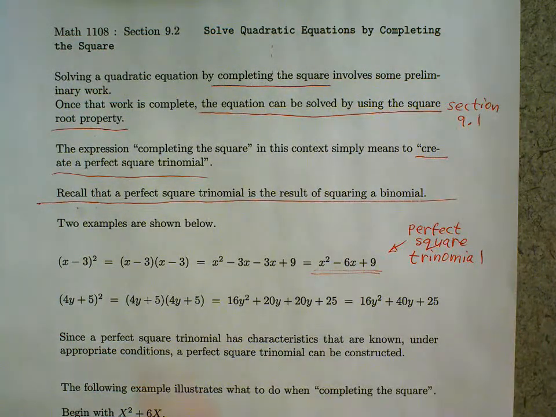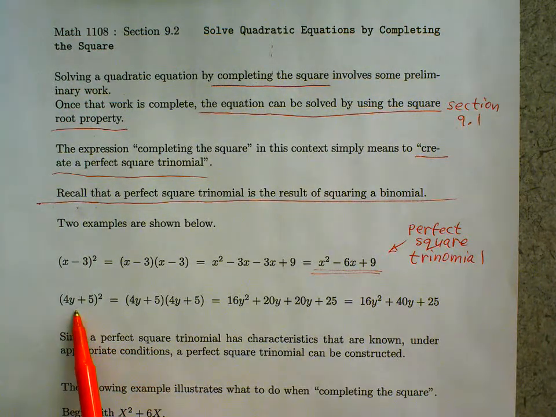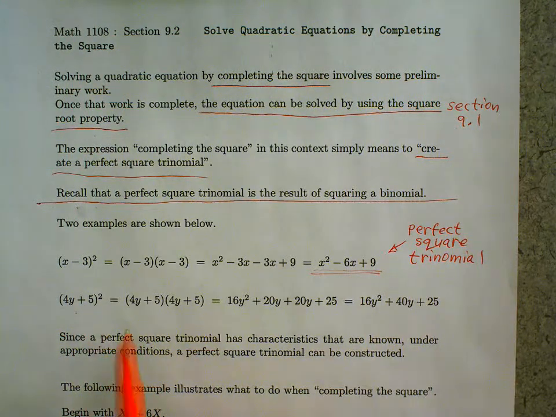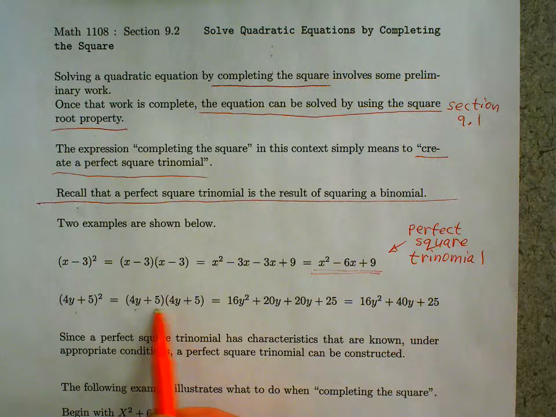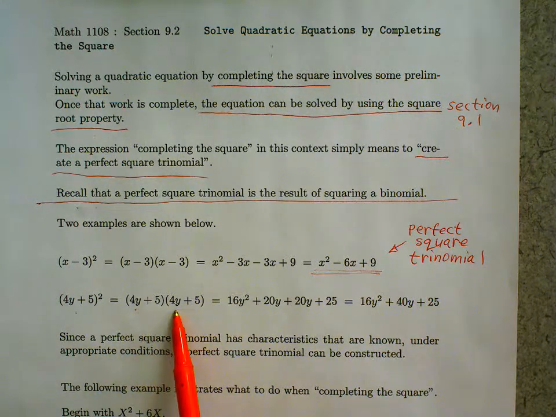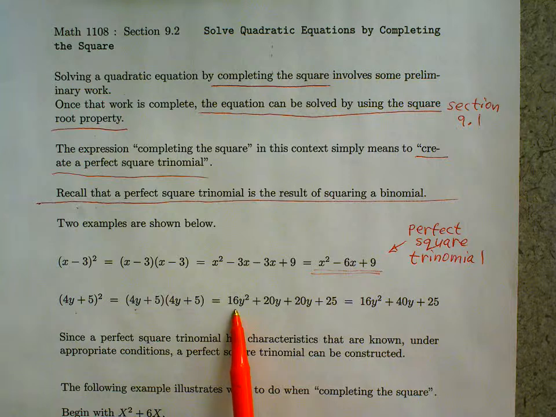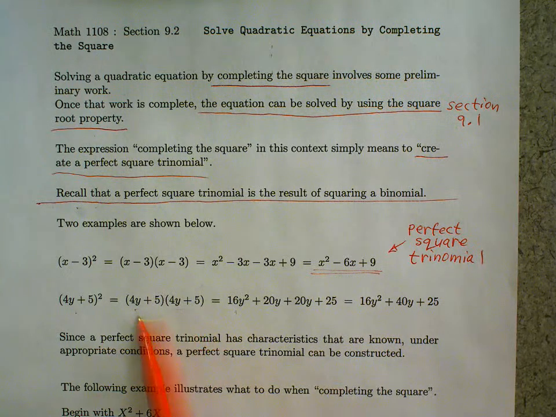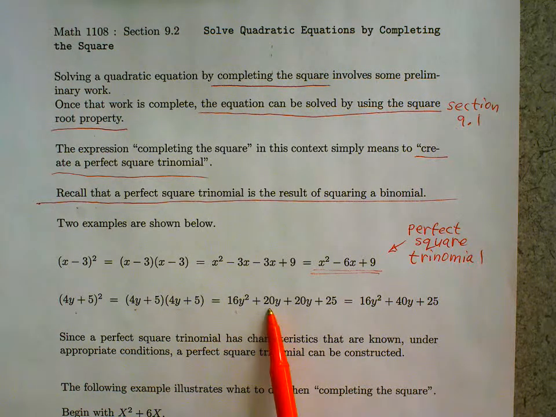A second example. This time we're squaring the binomial 4y plus 5. But that means 4y plus 5 times 4y plus 5. 4y times 4y is 16y to the second. And then plus 4y times 5 is plus 20y.